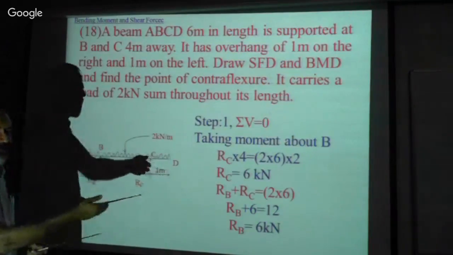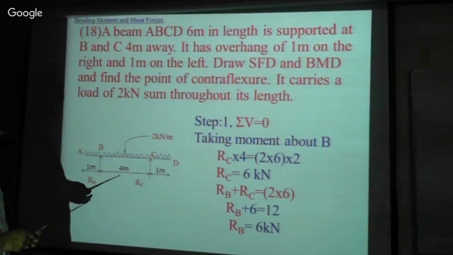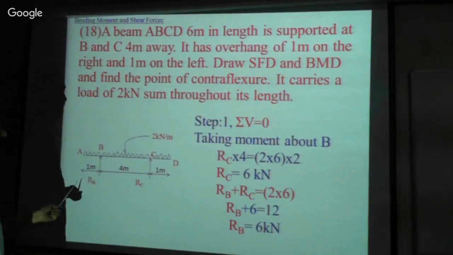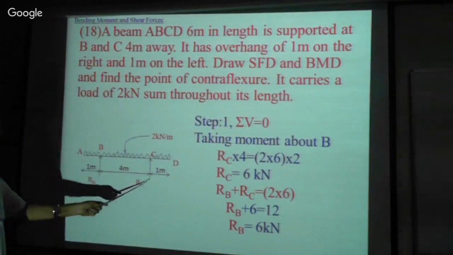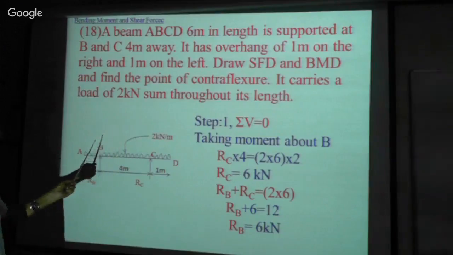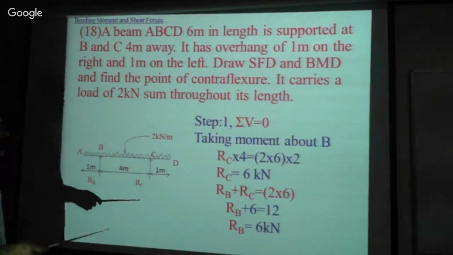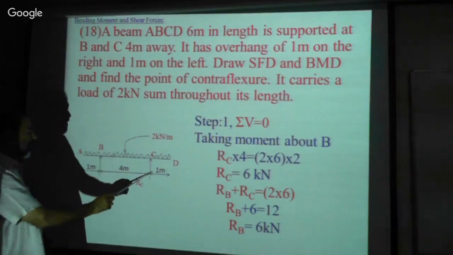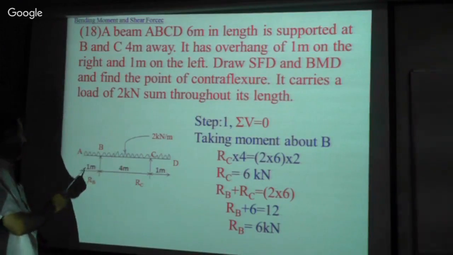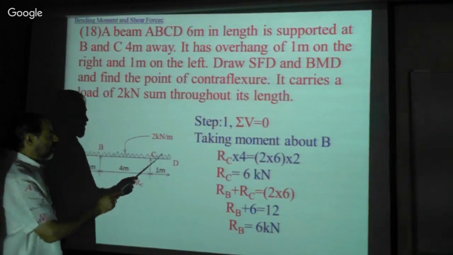Now we'll go to the next one. In a similar way, now you deal with this: find out sigma V equal to 0 and calculate the reactions. When you look at this beam, we can straight away write down the reactions, not necessarily doing all these processes, because the beam is symmetrically loaded. 1 meter overhanging on the left side, 1 meter overhanging on the right side.